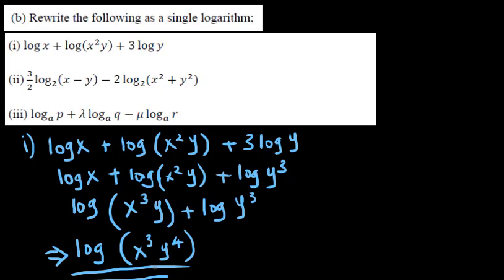We can also write for part 2. So let's just use a fresh page. For part 2, we have 3 over 2 log 2(x minus y), minus 2 log 2(x squared plus y squared).